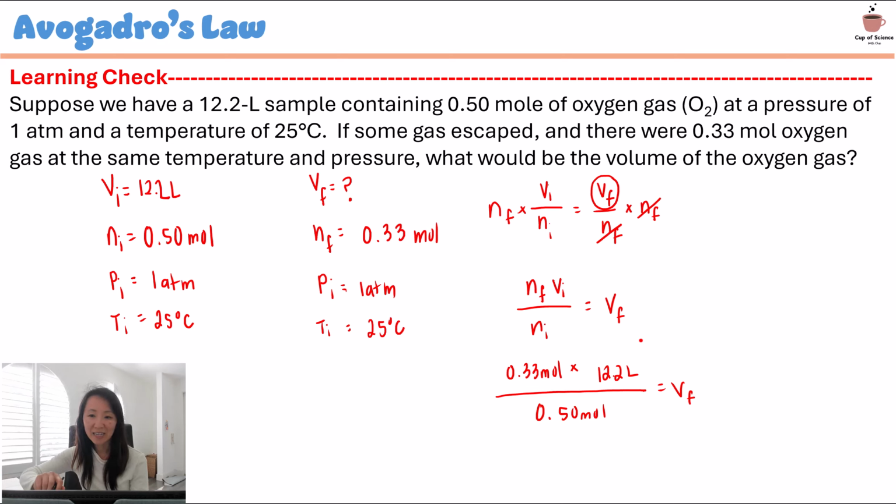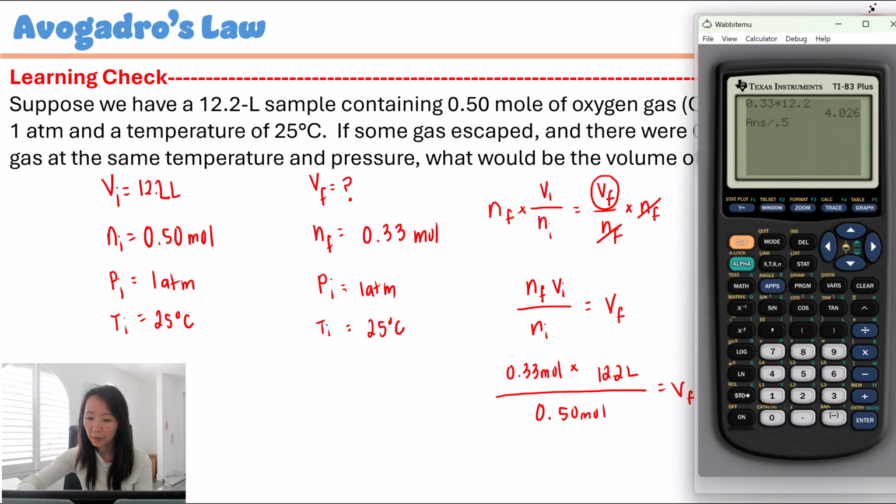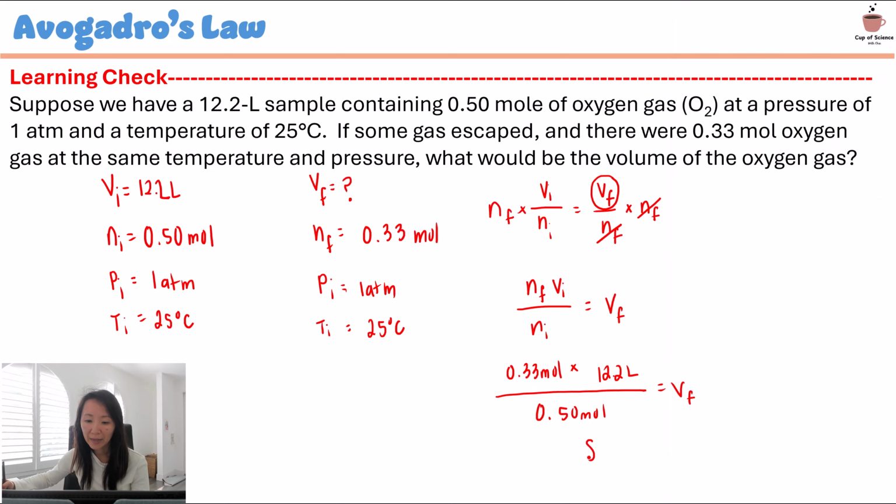Let's calculate this out. We have 0.33 times 12.2, and then divide that by 0.50, and I get 8.052. Let's keep it at 2 sig figs, so 8.1.